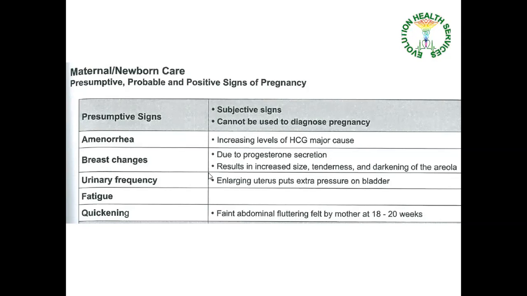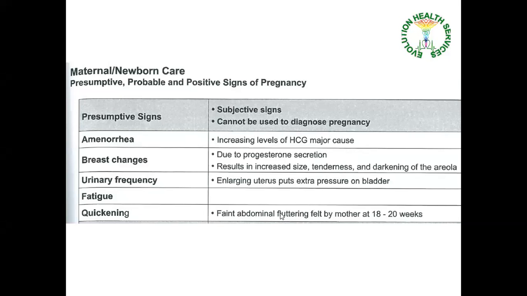The breast changes usually result in tenderness and darkness of the areola. And why does urinary frequency increase? Because the enlarged uterus puts extra pressure on the bladder, right? And quickening, as I told you, is when the mother can feel the movement of the baby's limbs, upper or lower extremities.